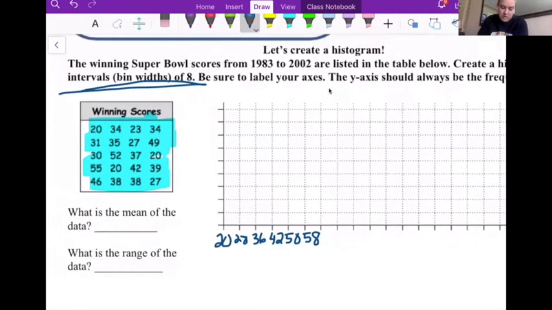And then we're just going to make this 1, 2, 3, 4, 5, 6, 7, 8, 9. And so I know that I really only have to go up to 58 because our highest number is 55, so I don't have to go any higher than that.